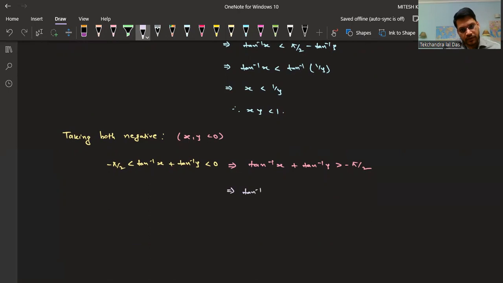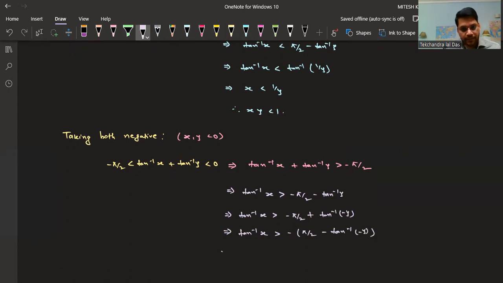From here, tan inverse x greater than minus pi by 2 minus tan inverse y. That can also be written as tan inverse x greater than minus pi by 2 plus tan inverse of minus y. Taking minus as common, pi by 2 minus tan inverse of minus y; these things we have done earlier.